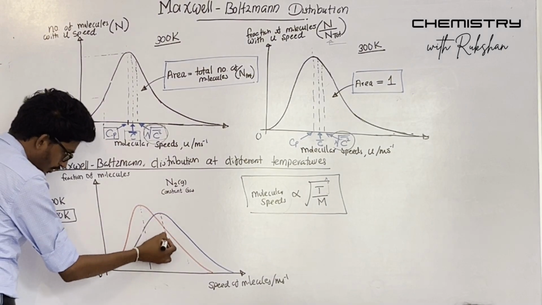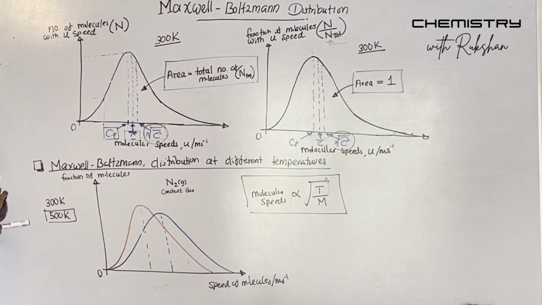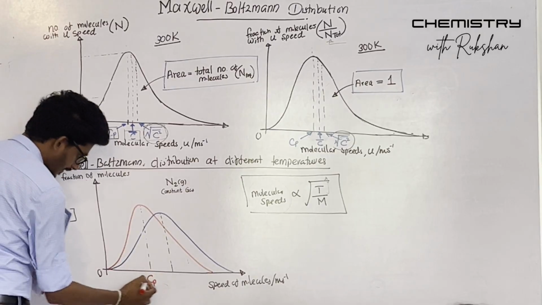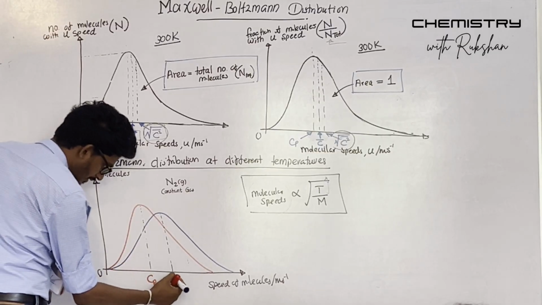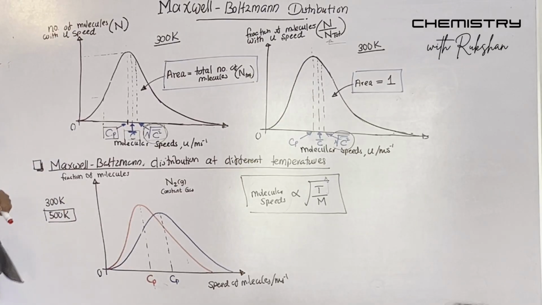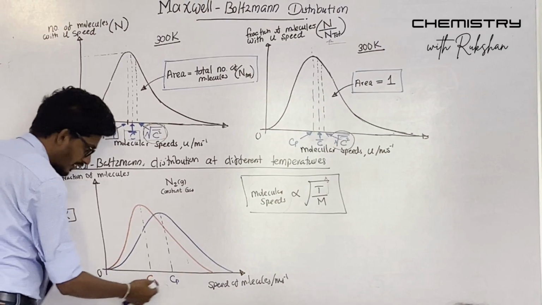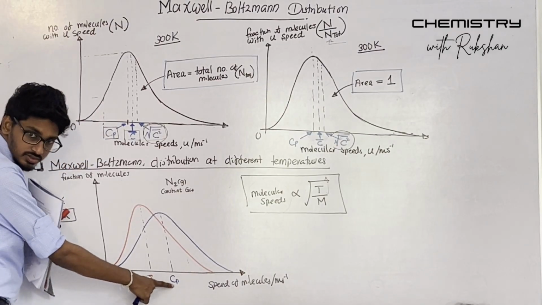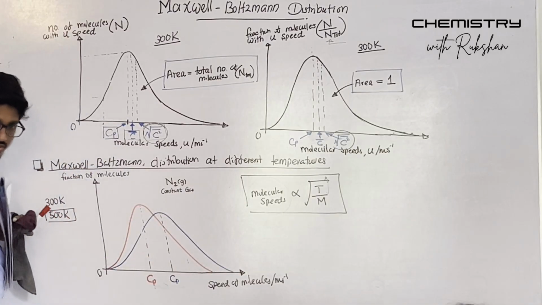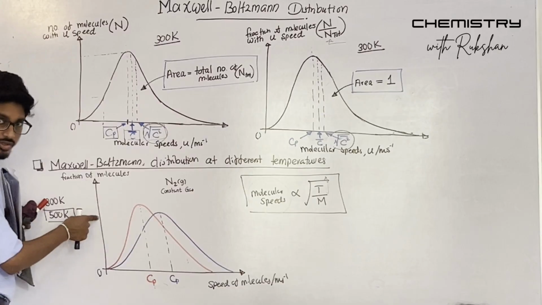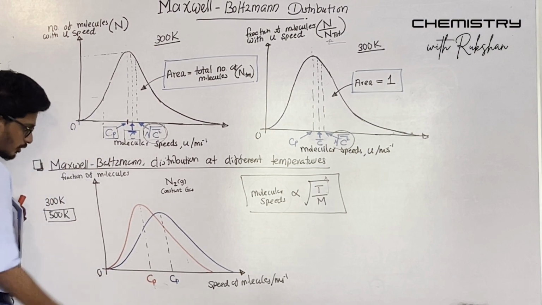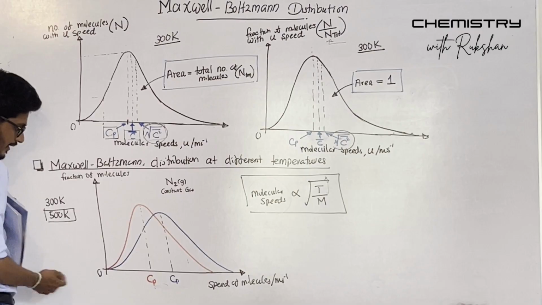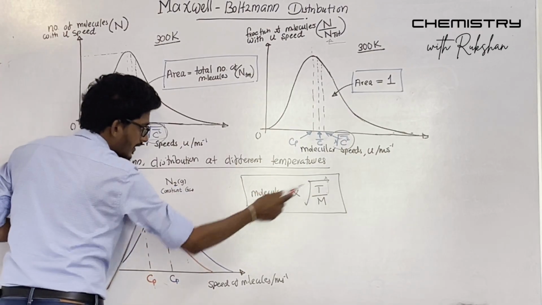When you think of the C peak, the higher C peak should be there with the higher speed. So which is the higher C peak? This one. This is the speed axis, and this is the number of molecules. So higher C peak comes with greater temperature.